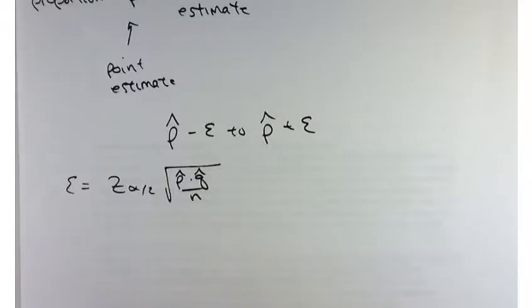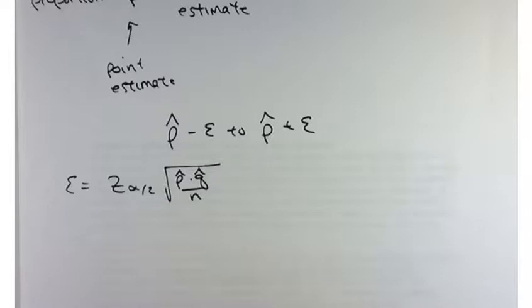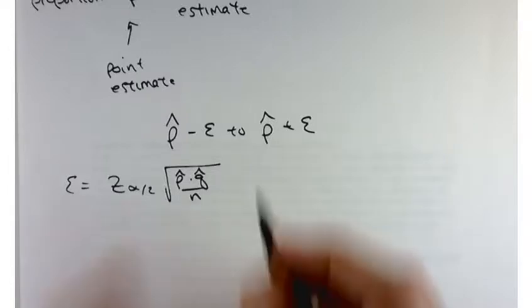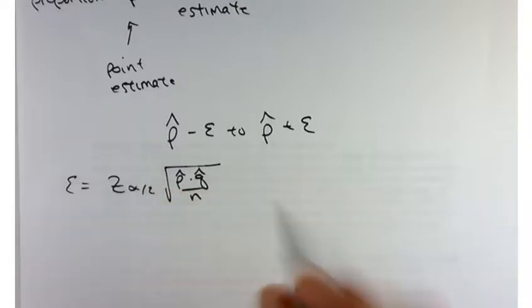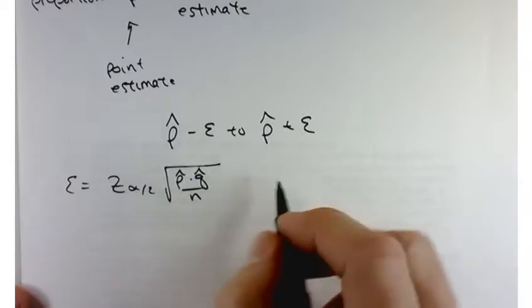So one of the things we're going to need here is a little bit of understanding of z sub alpha over 2, what's alpha, etc. So let me talk a little bit about that. P hat is our point estimate. That's what we guess the population proportion is. Anyone want to venture a guess as to what q hat is?